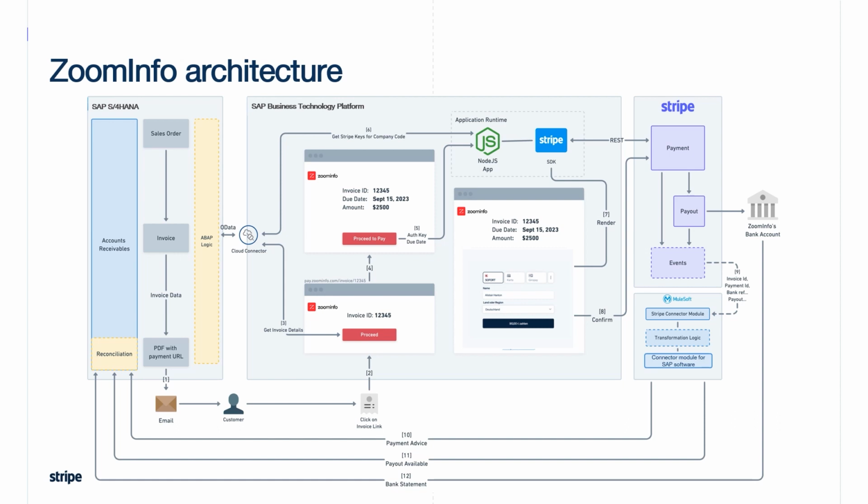As soon as the customer is able to see that open amount, as you see on arrow number 4, they are ready to make a payment. When the proceed to payment happens, the Node.js application is called, that is also designed on the BTP platform. At the same time, in parallel, as number 6, the Node.js application is making an OData service call in the backend to the S/4HANA system, asking for the secure credentials.